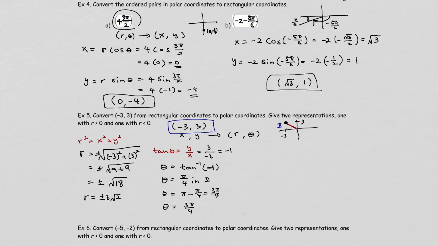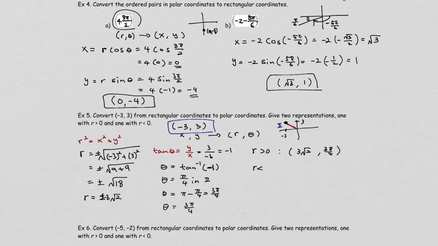So we can write it two different ways. Because we have the plus or minus sign, when the distance is positive, we have 3 square root of 2 with 3 pi over 4.